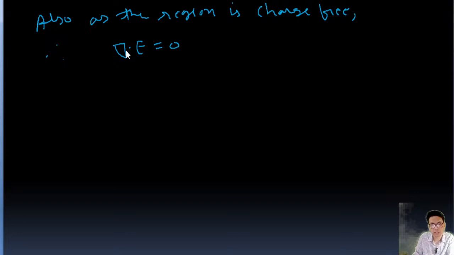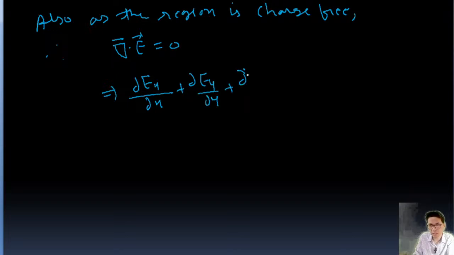Del dot E is going to be 0 because of charge free, right? So this implies del Ex upon del X plus del Ey upon del Y plus del Ez upon del Z equal to 0.